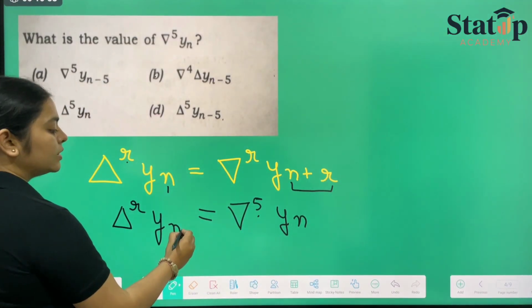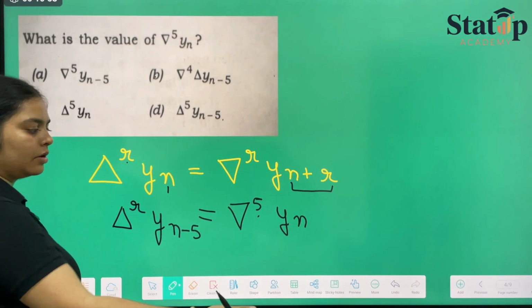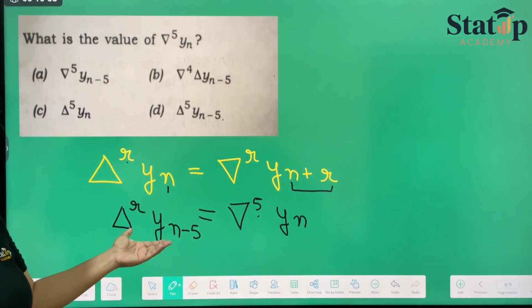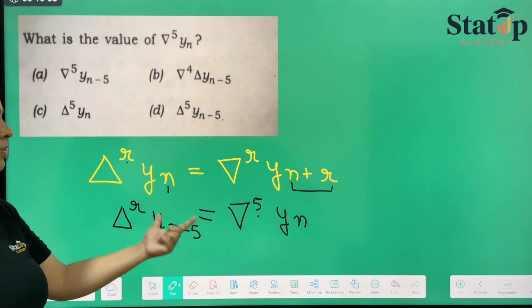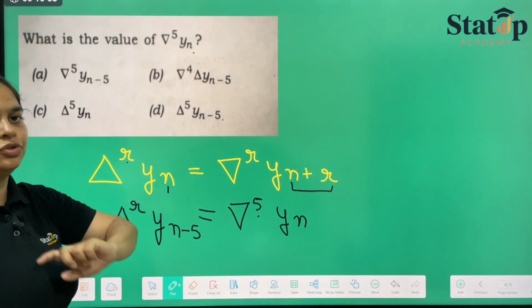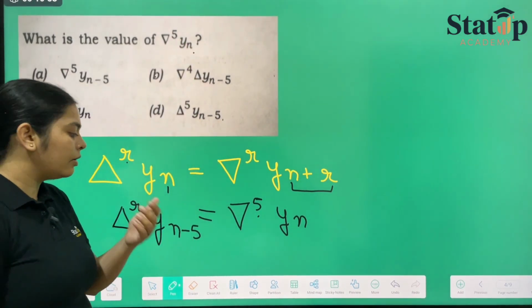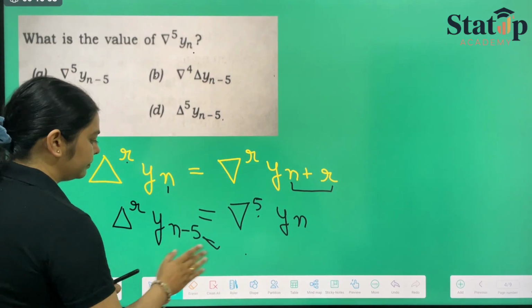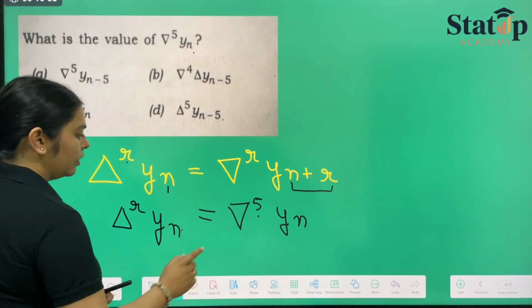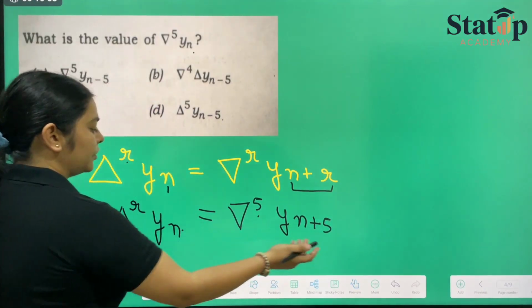That means I should subtract 5 from this, so that this has r extra, and r here has the value 5. That is why we are subtracting on the left hand side, because the right hand side has already been given in the question. If in the question they would have given us n plus 5, our question is solved.